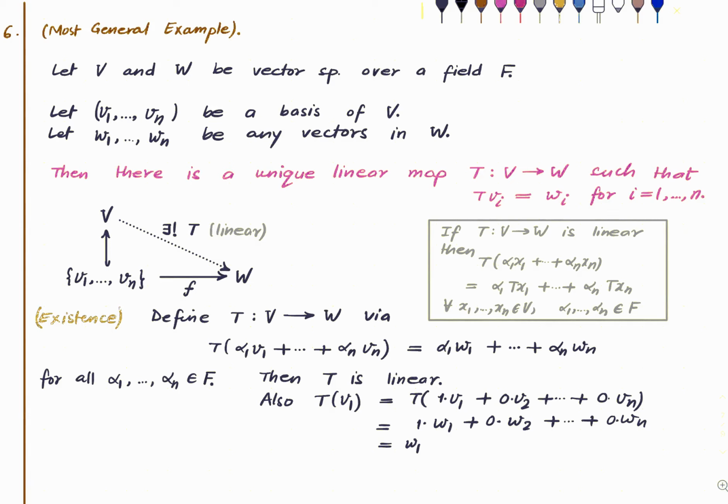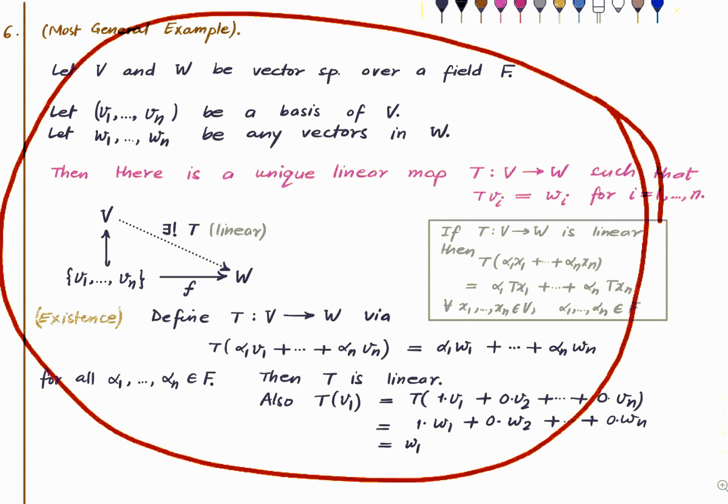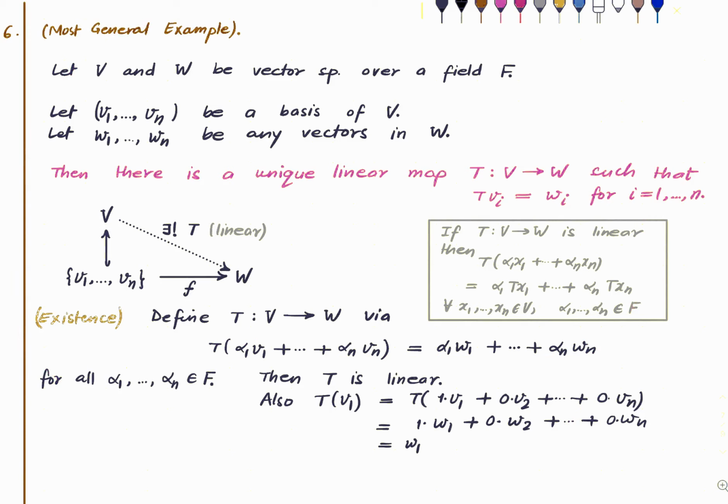If n were equal to 2, then this is true by the definition of a linear map, but you just induct and that same thing is true for any n. So what I'm saying is, this was anyway forced. If you want a linear map which sends v_1 to w_1 up to v_n to w_n, then this was anyway forced. So there is only one linear map with that property. So stay on this for as long as needed to get comfortable with it. This is very important.